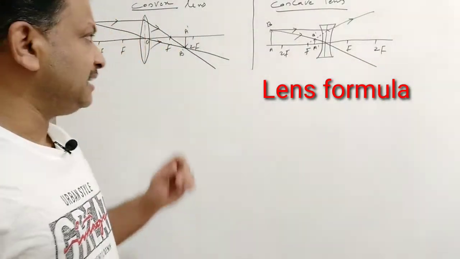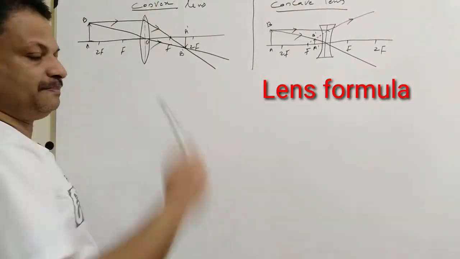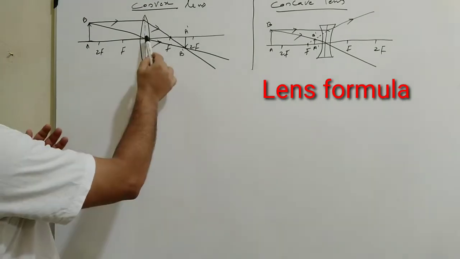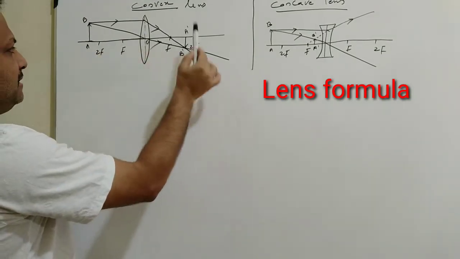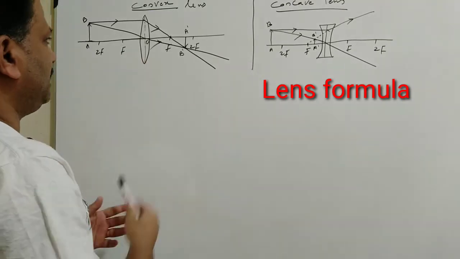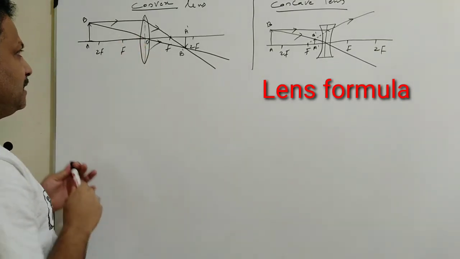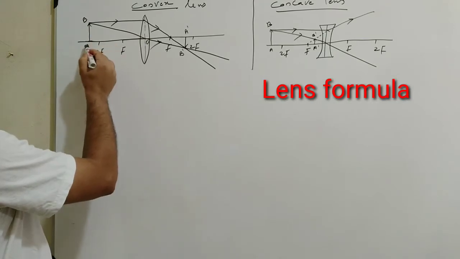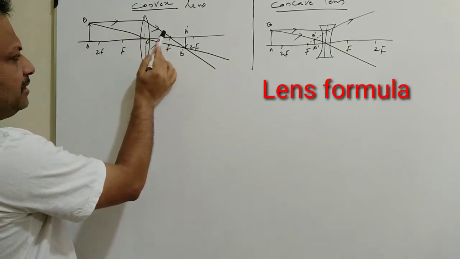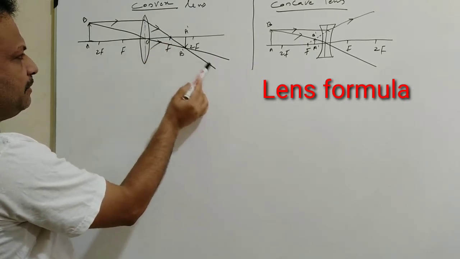Now let us consider the case of a convex lens. See, a convex lens, optical center, principal axis, F and 2F on either side of the lens, equidistant from the optical center. An object is kept beyond 2F. A ray of light travelling parallel to the principal axis, after refraction, definitely passes through the principal focus.